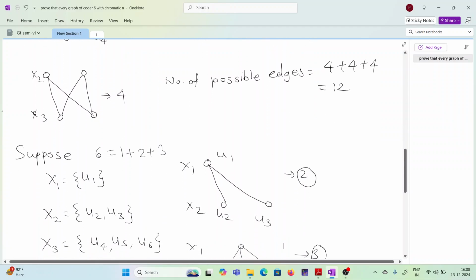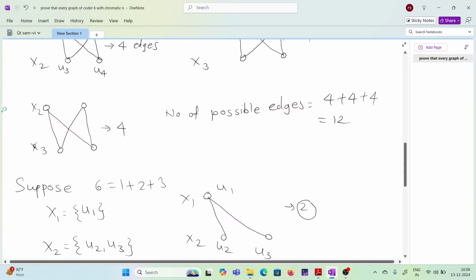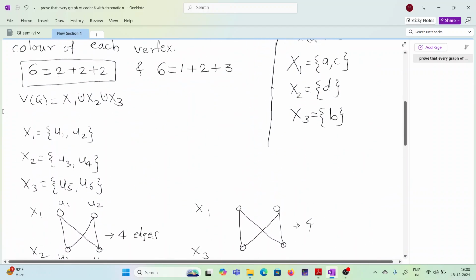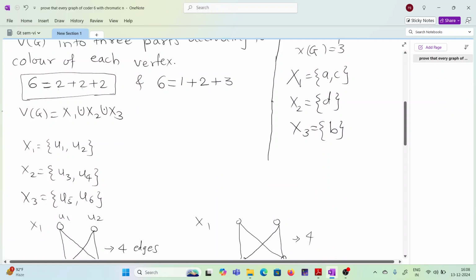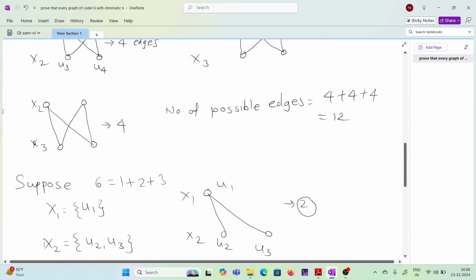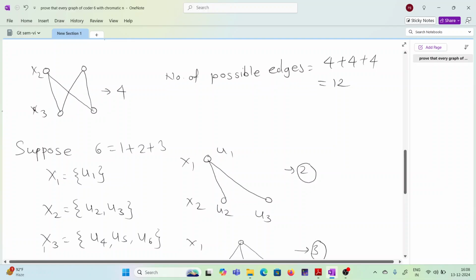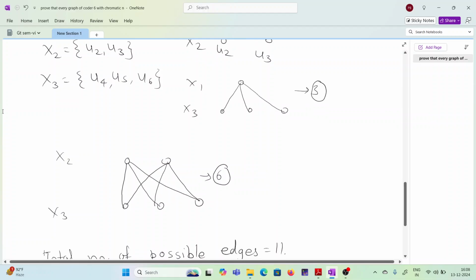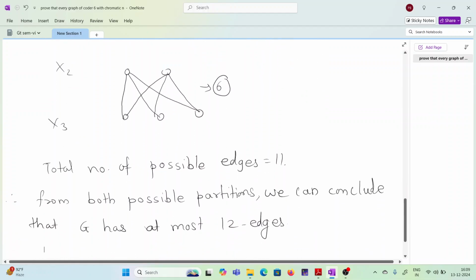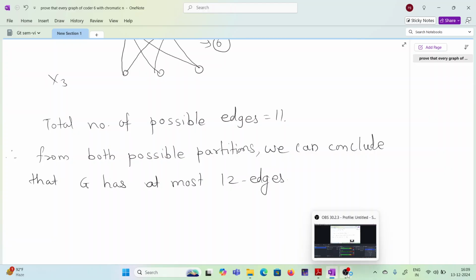The first case is 6 is equal to 2 plus 2 plus 2, and in the second case we have divided the vertex set of G into three parts as 1 plus 2 plus 3. So we have proved that if G has 6 vertices and the chromatic number of G is 3, then G has at most 12 edges.